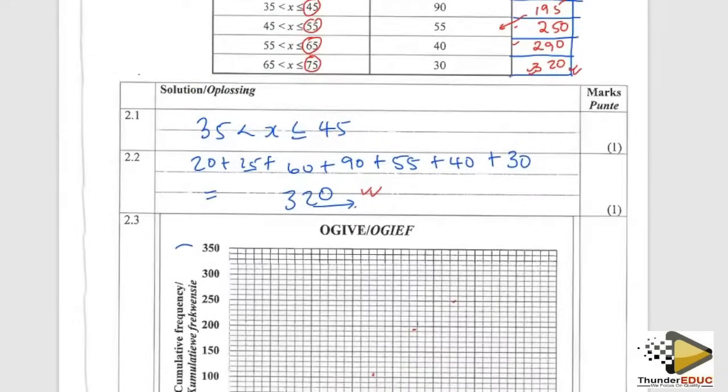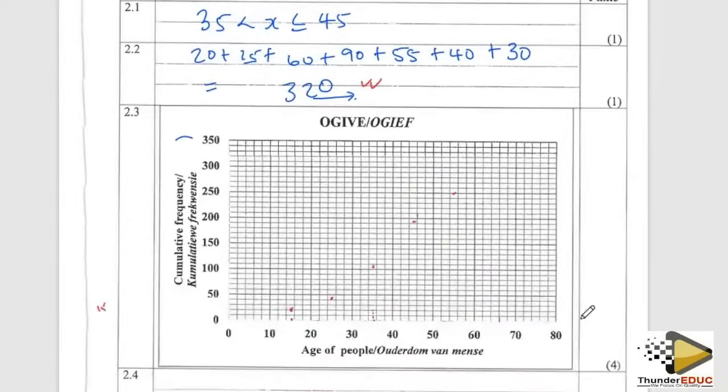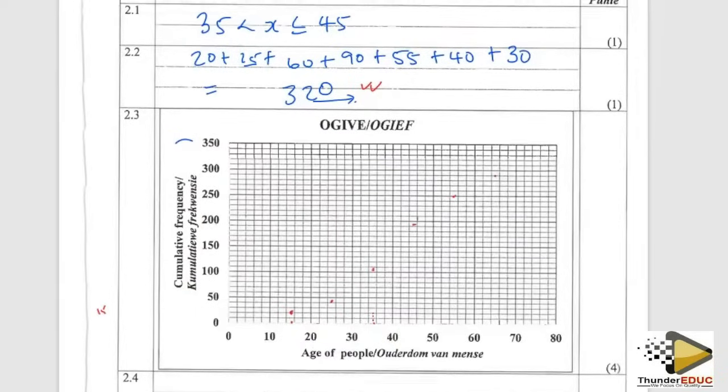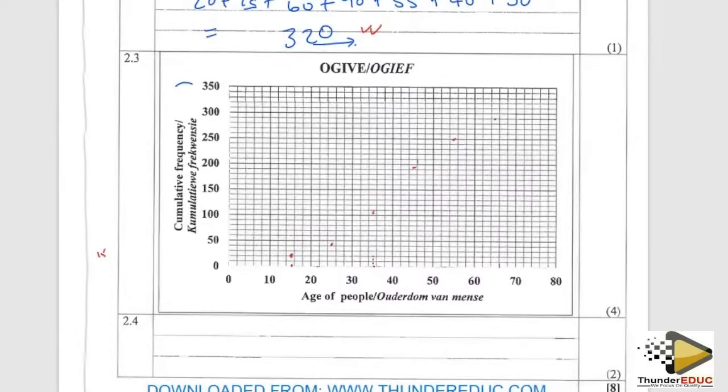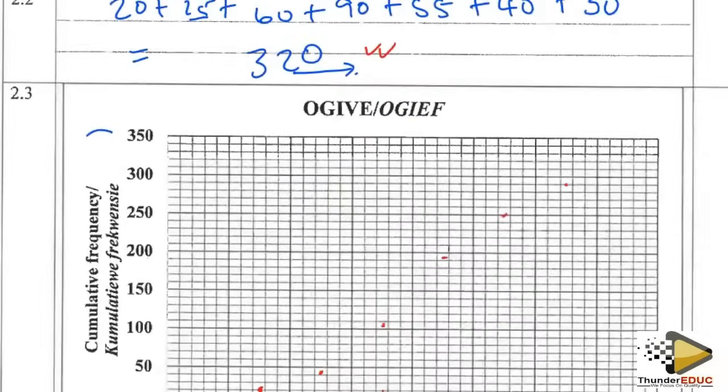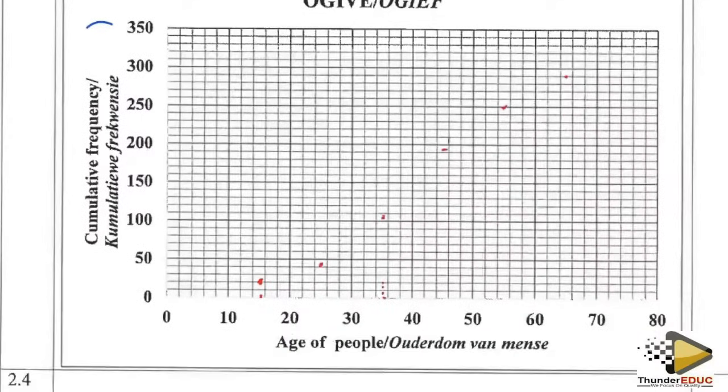And then we have 320 for the last one, which is 75. This is 300, and this must be 320. So from that, I just need to connect.